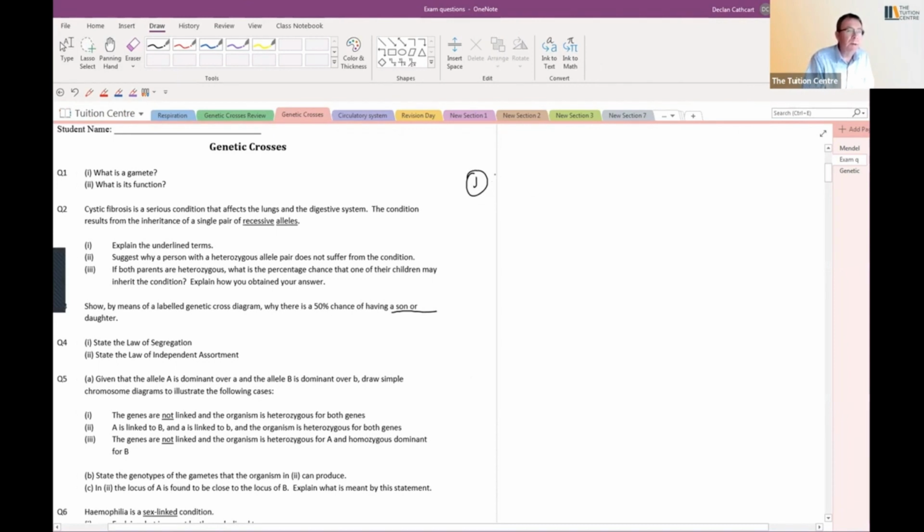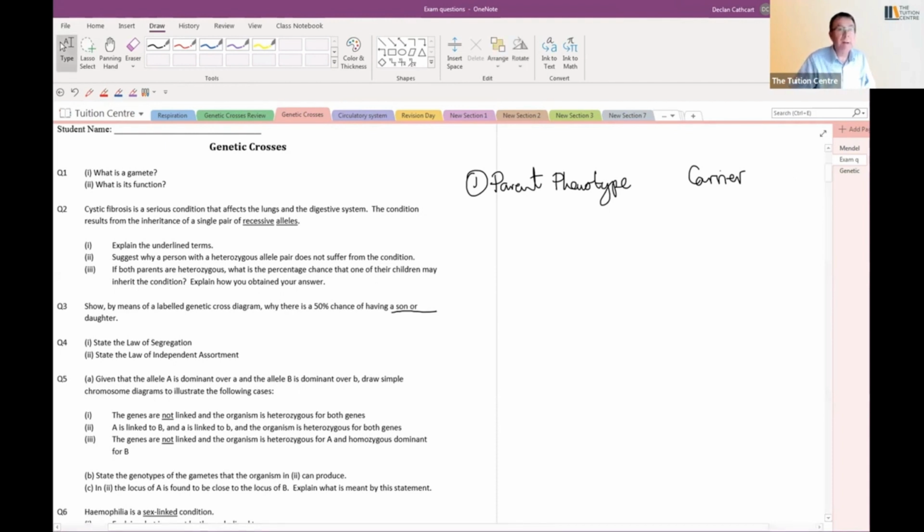So the first thing you want to write down, stage one, and you want to write these words, is the parent phenotype. And if you remember, the phenotype is the physical manifestation, the physical characteristics of the organism. So in this case, we're looking at two heterozygous individuals. So they are what you call carriers, two carriers, right?